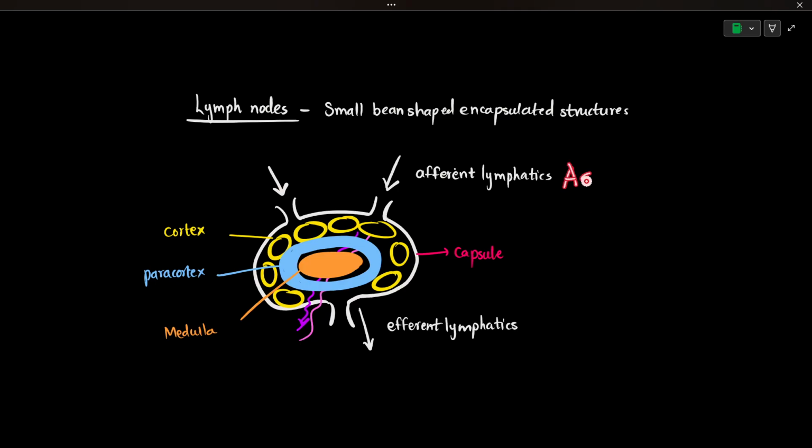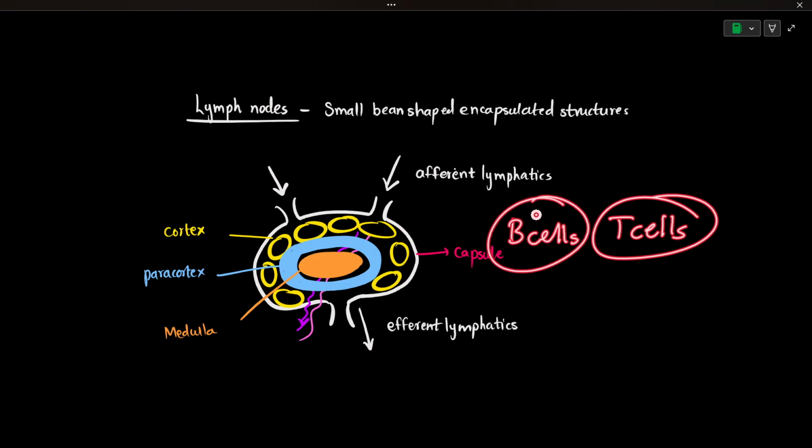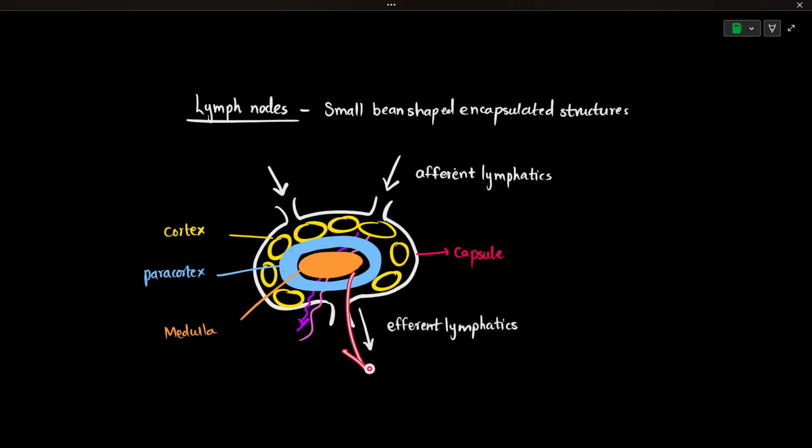Either antigen or antigen presenting cells will come inside the lymph node through the afferent lymphatics. Once inside the lymph nodes, either B cells or T cells are going to interact with the antigens. These activated T cells or activated B cells will be taken out from the lymph nodes through the efferent lymphatics.